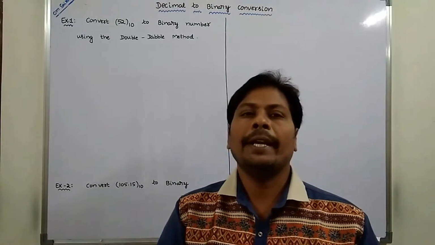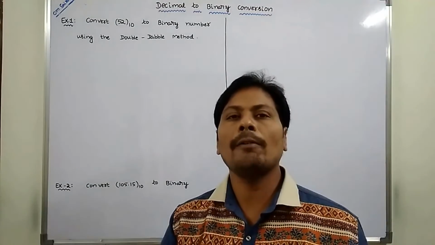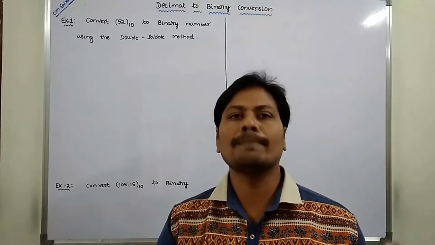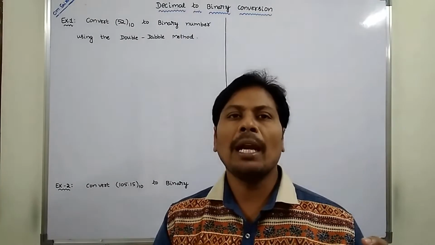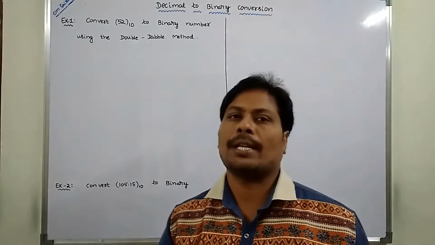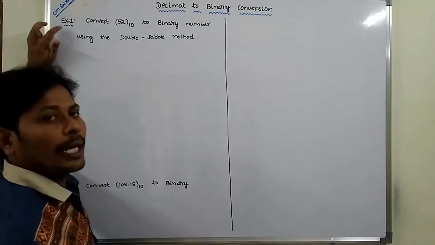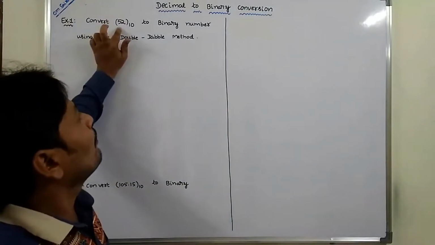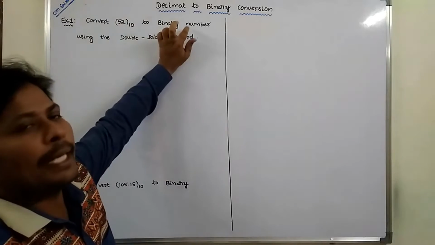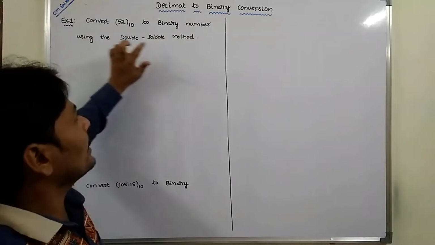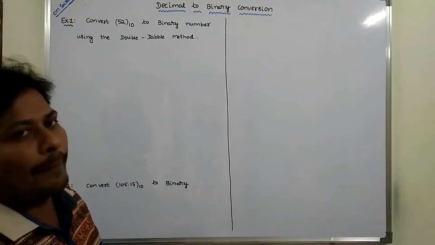Now in this video we solve some example problems on decimal to binary conversion. Now we go for the first example. Convert 52 base 10 to the binary equivalent number using the double dabble method.